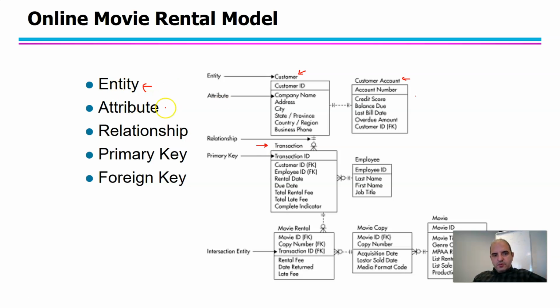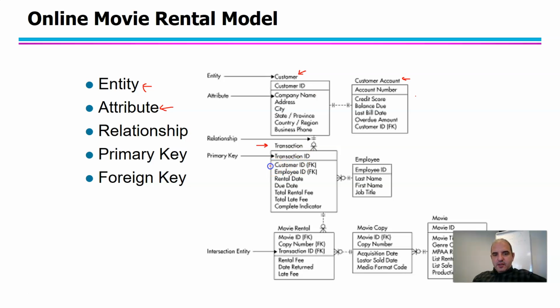And second, we must understand which are the attributes. Attributes are the words or terms inside the rectangle. So let's say company name is an attribute, address is an attribute, city is an attribute, customer ID is also inside the rectangle, so it is also an attribute.